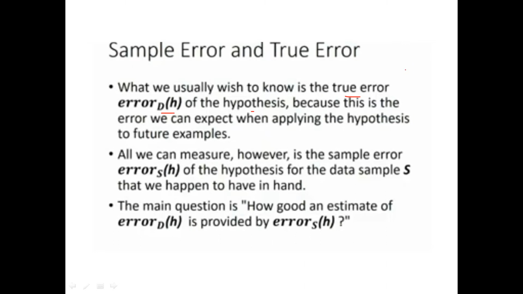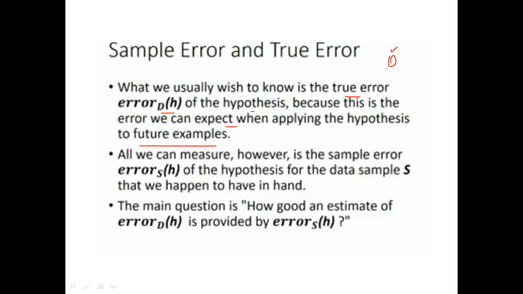With the sample you are learning, but when a new instance comes, you take it randomly from the population. How much is that instance misclassified? Error D of H of the hypothesis is the error we can expect when applying the hypothesis to future examples, with a small portion of a sample.